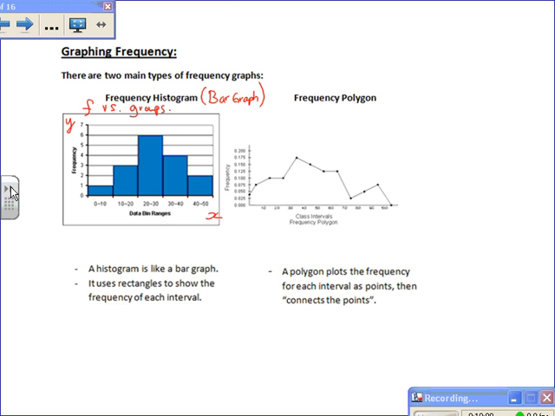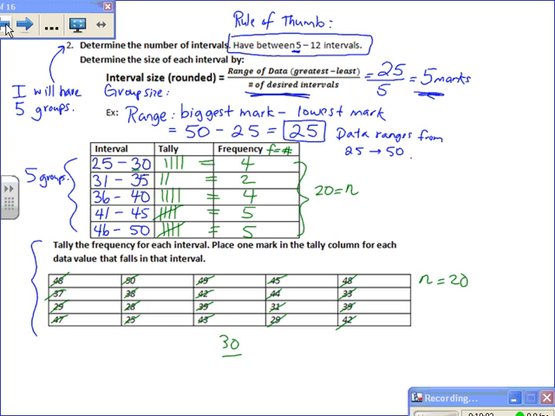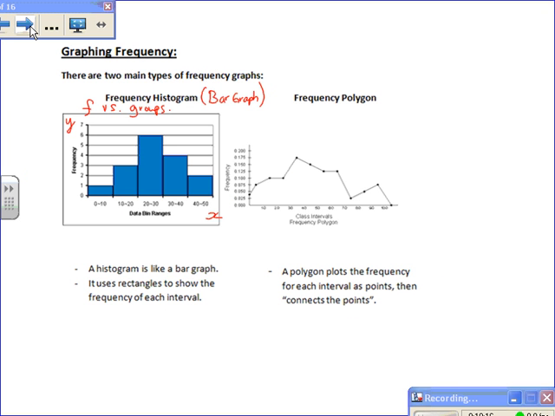So again, if I look back at my data table for a minute, these intervals are what I am plotting on my x-axis. And then I would plot the frequency, these guys here, on my y-axis. And I would do a bar graph, which just gives me a quick visual picture of where my data lies, or how my data is distributed.